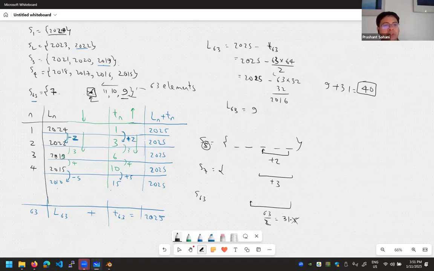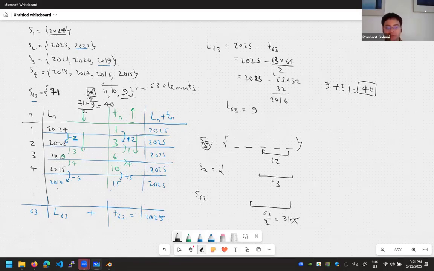The distance between the first and the last element is not 63, but it is actually 62. So the first element is 9 plus 62, which is 71. And then the middle term will be the average of 71 and 9. So again, I'll get the answer as 40. So yeah, both methods are valid.